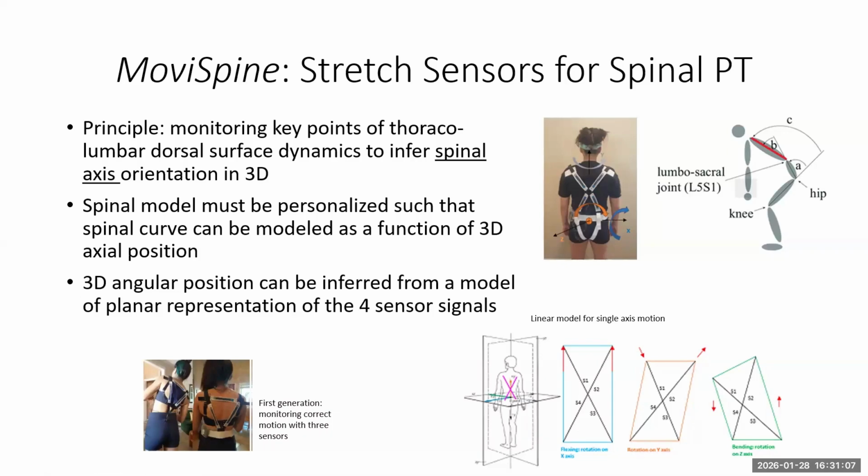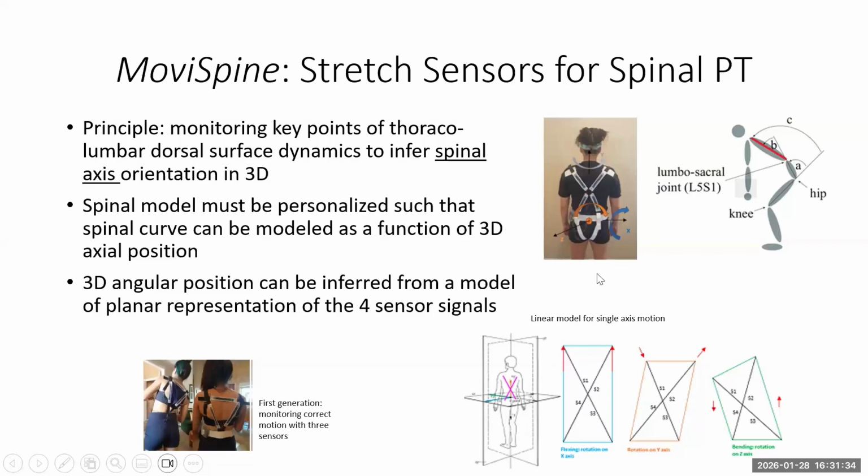The flexibility of the different segments determines what the spine does at different angles. Now, the position of the spinal axis in 3D is what we need to monitor. That's what happens during therapy. You want to exercise the motion in the 3 axes.